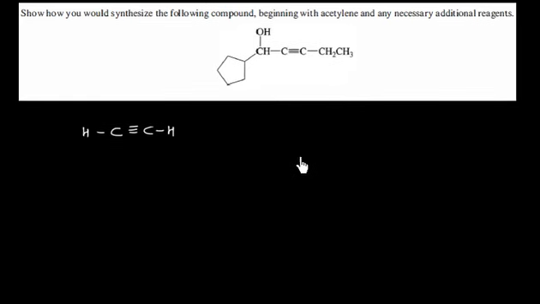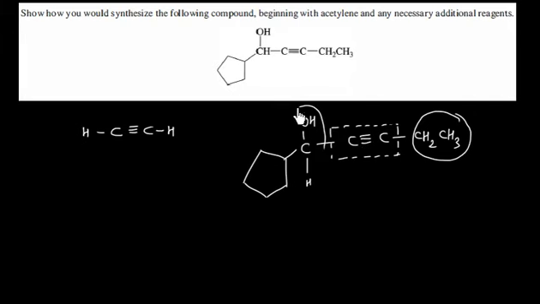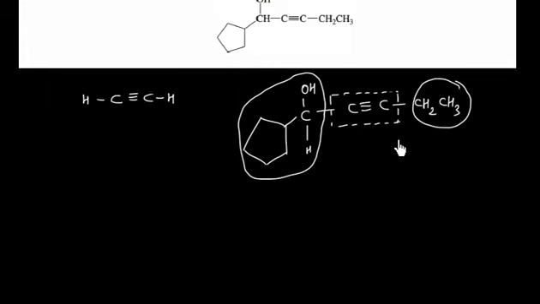If we do retrosynthesis analysis, that is if we look backward, we can clearly see this is acetylene molecule. So we have to add this part of molecule and we have to add this part of molecule.